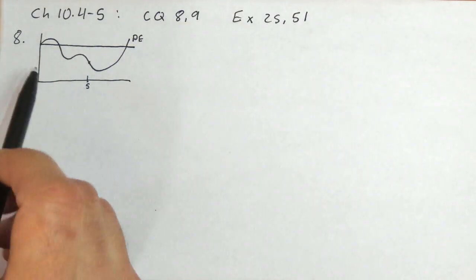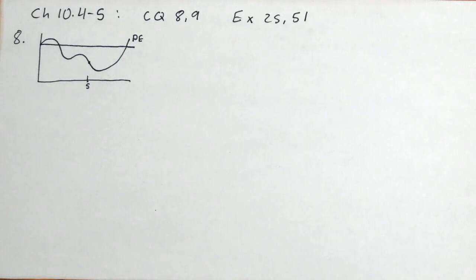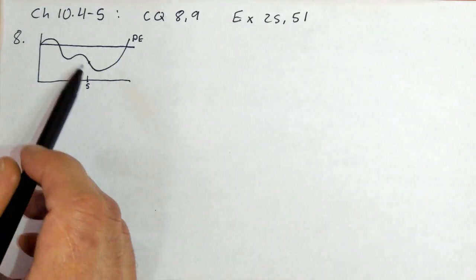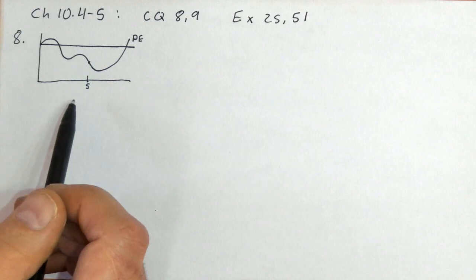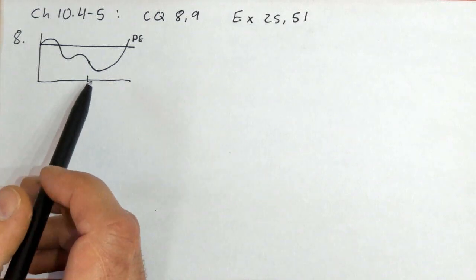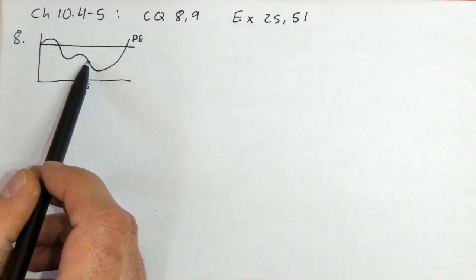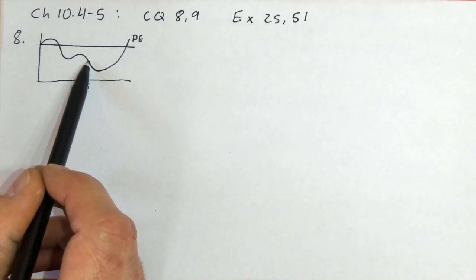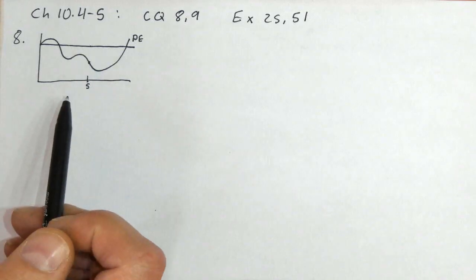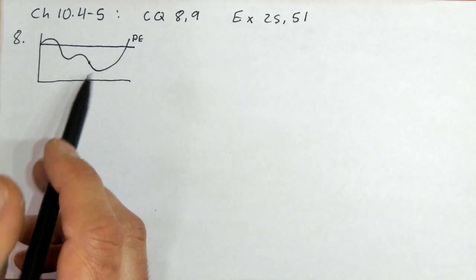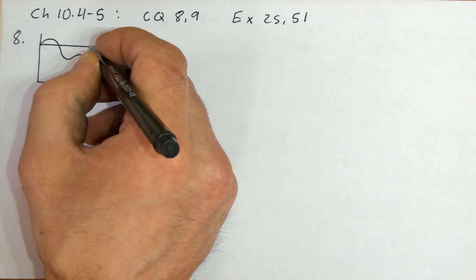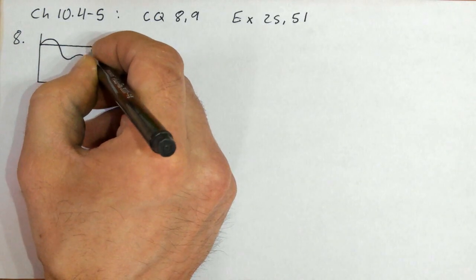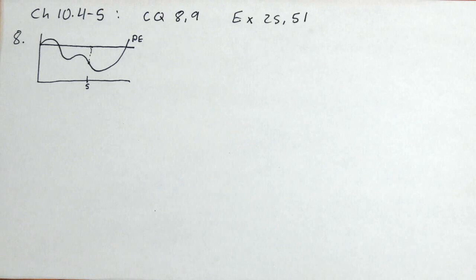Okay. Now, before we start answering the other questions, let's try and describe what's happening right at this point. What's the particle doing? Is the particle moving? The answer is yes, because at this position, it has this much potential energy, but there's this much total energy in the system, which means the kinetic energy is the difference between the two, or that much kinetic energy.